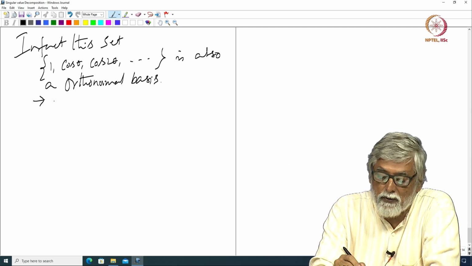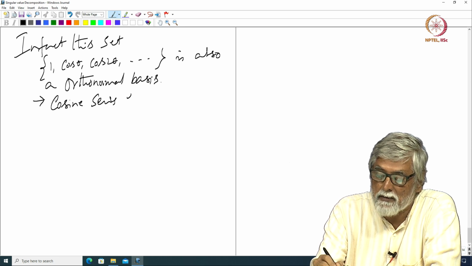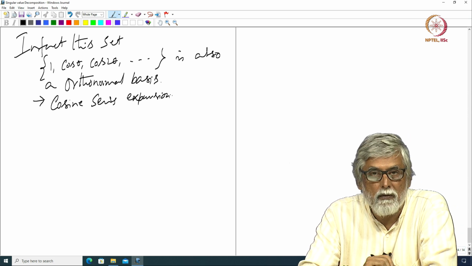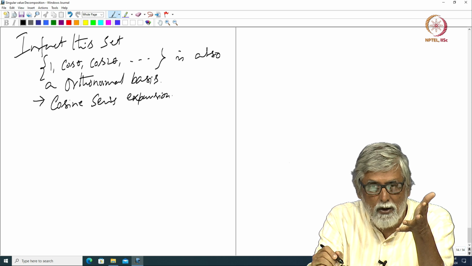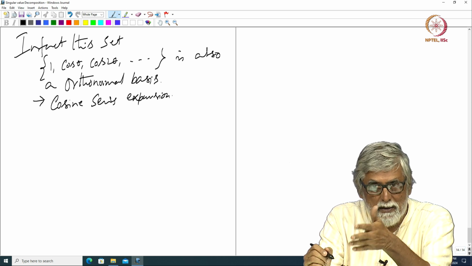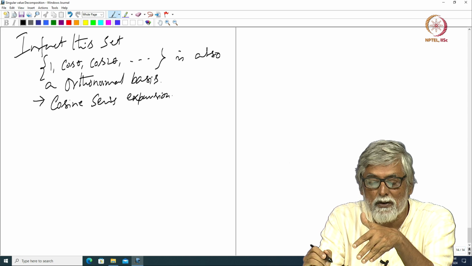This is used for what is called cosine series expansion. So not only the original set is orthonormal, a subset taking only cosine terms is also orthonormal.